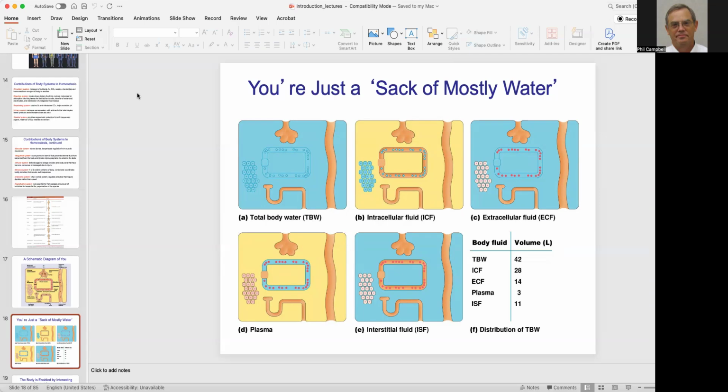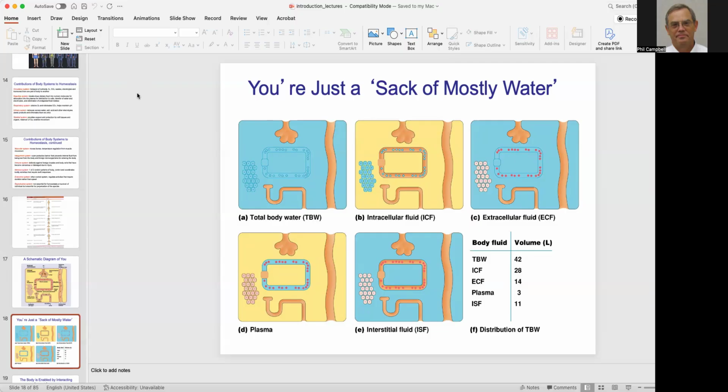Only the blue part is considered inside the body. Now, unless you're getting a colonoscopy, your gastrointestinal tract is full of stuff. And a lot of that's water. But that's excluded from your total body water estimate. Okay? So your total body water, all right, that's around 42 liters.